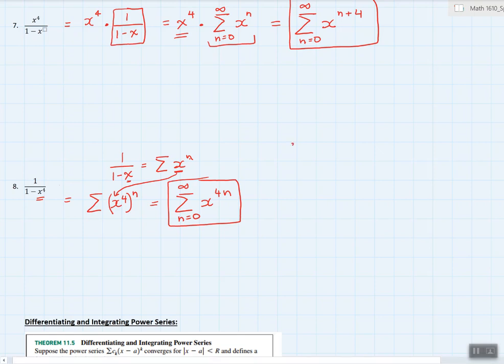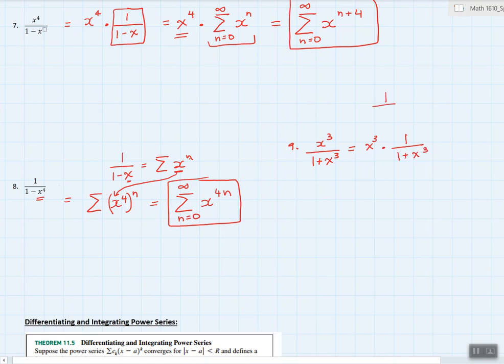So I can make up another example. Suppose we want to find x cubed over 1 plus x cubed. What you can do is keep x cubed and then you have 1 over 1 plus x cubed.